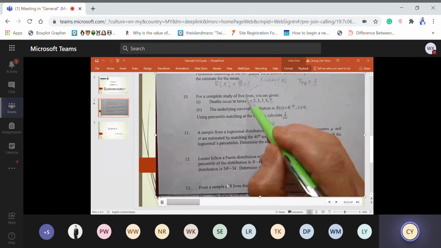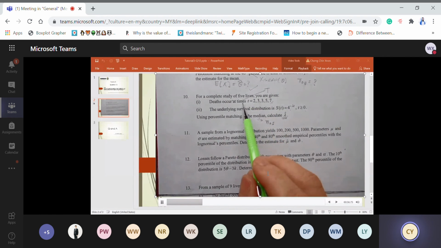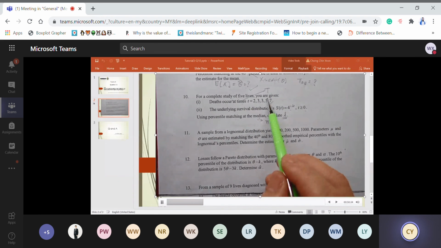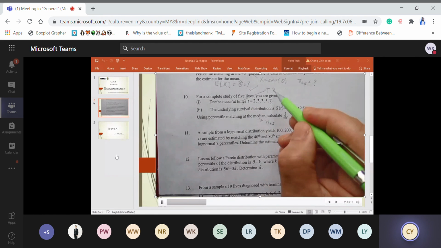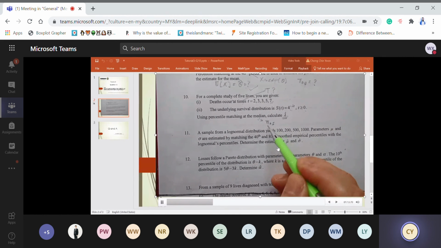So we let t be the time random variable for these 5 non-descending data. Since we do not know the distribution of t, we have to base on this survival function to estimate the median, that is the 50th percentile.